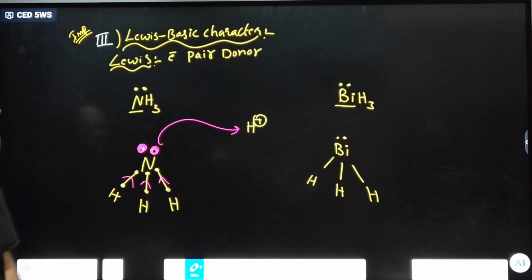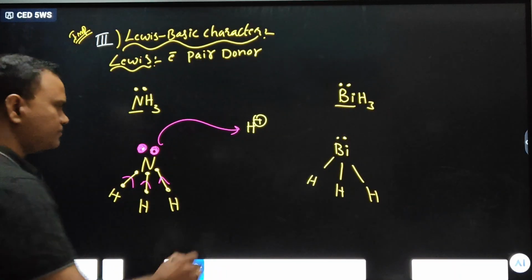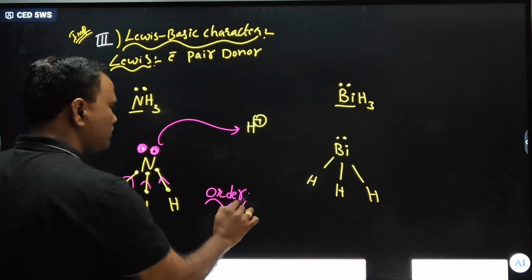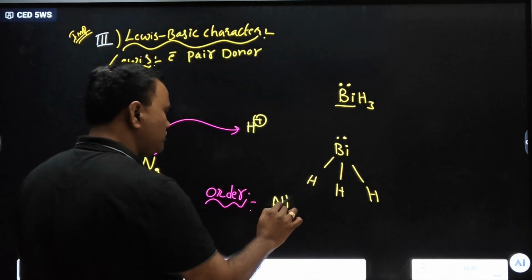Yeah. So can you arrange the hydrides in the increasing order of their Lewis basic character? What is the order? NH3 is a good Lewis base.